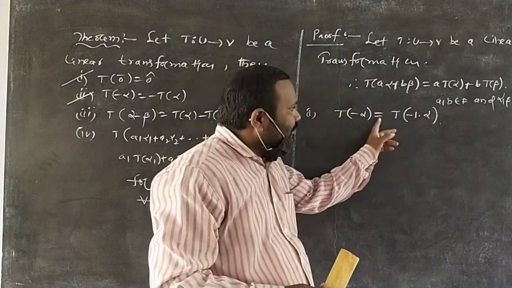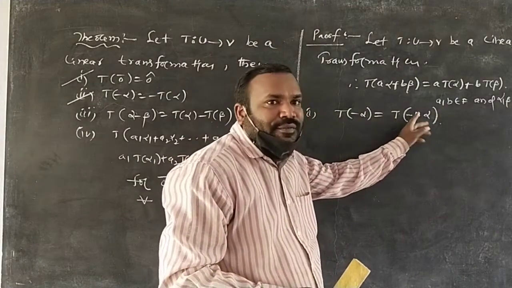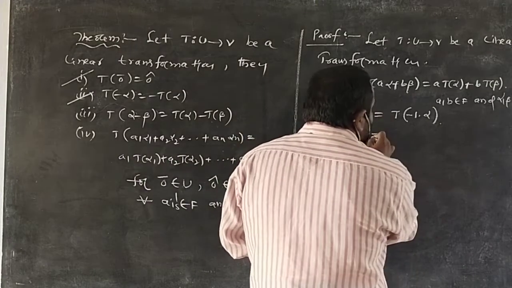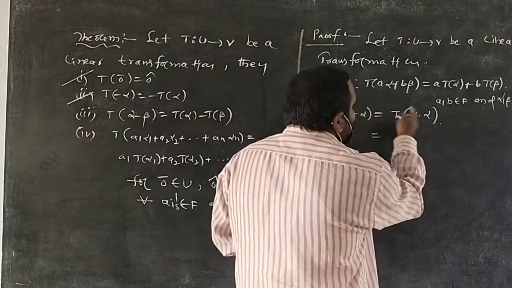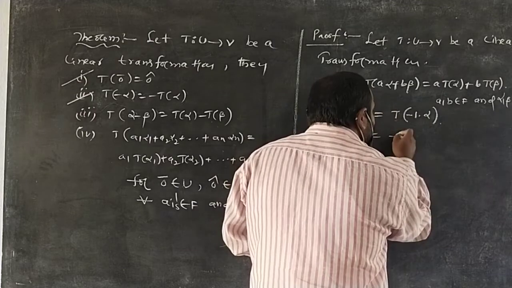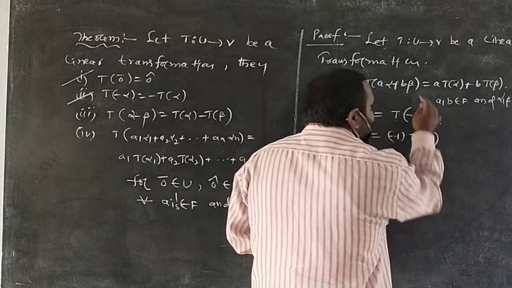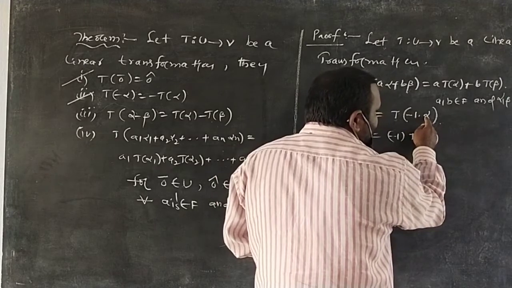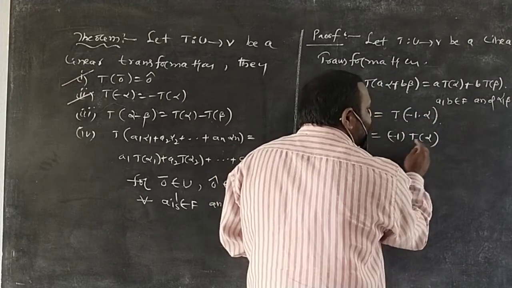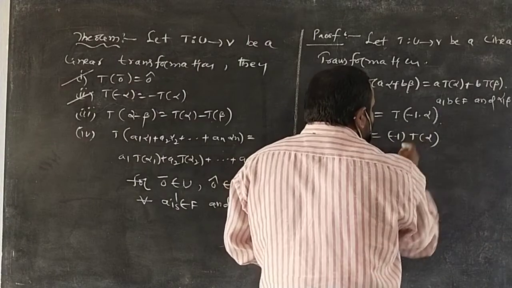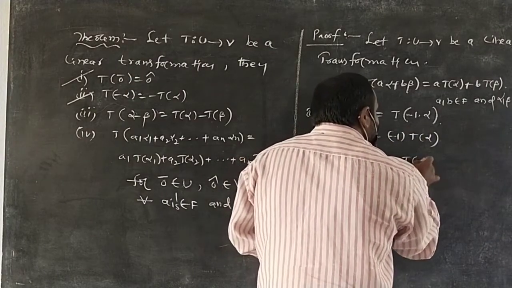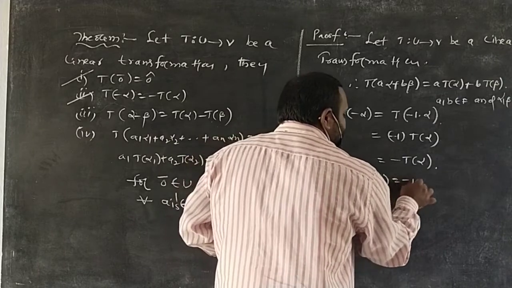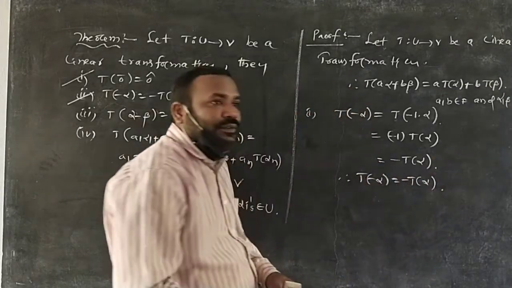Since T is a linear transformation, you can write this as minus 1 into T of alpha, that equals minus T of alpha. Therefore, T of minus alpha equal to minus T of alpha. So that is the second condition.